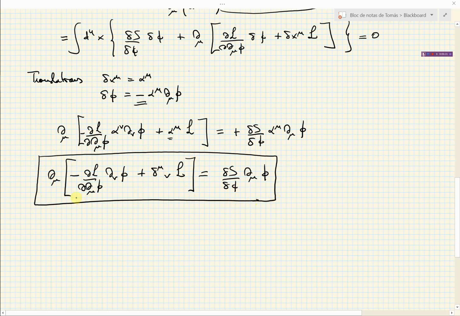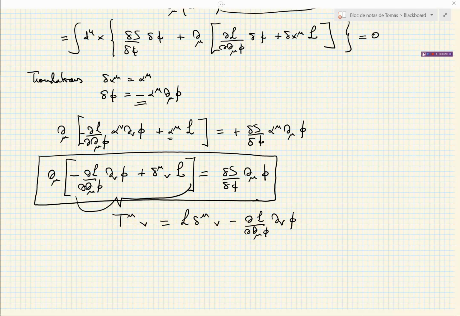Okay, this object that appears here is what is known as the energy momentum tensor, and is written as T^μ_ν. So it is Lδ^μ_ν minus ∂L/∂(∂_μφ) ∂_νφ.